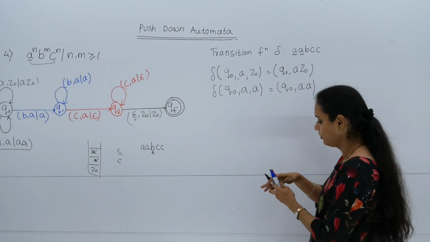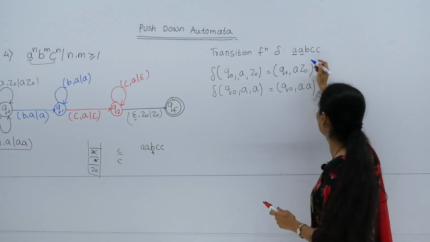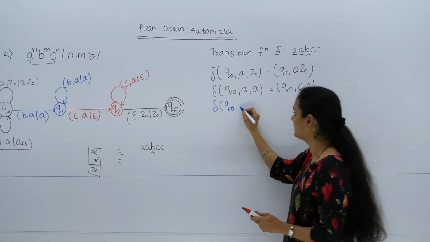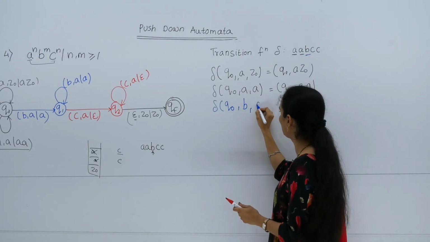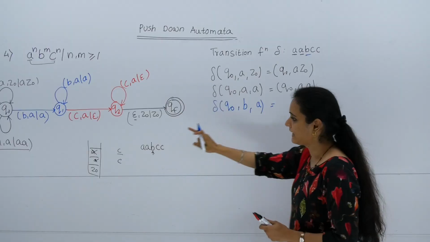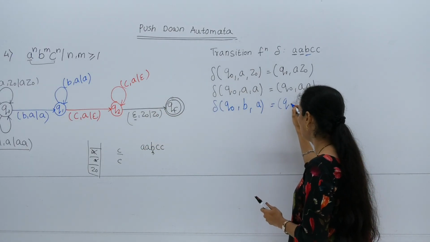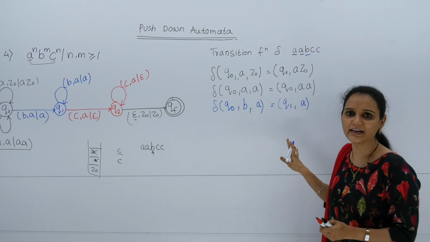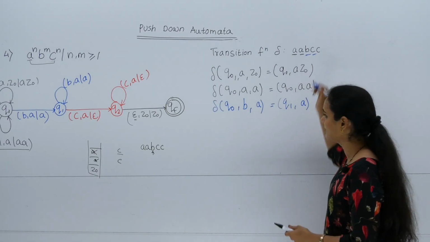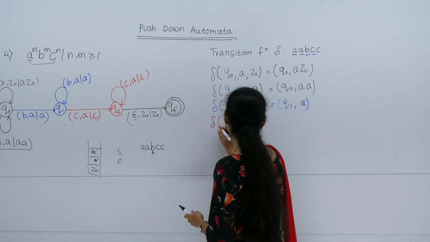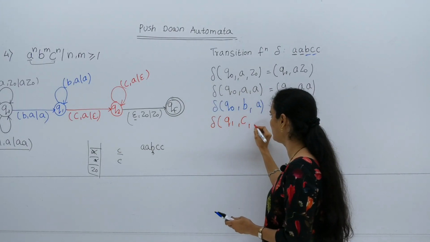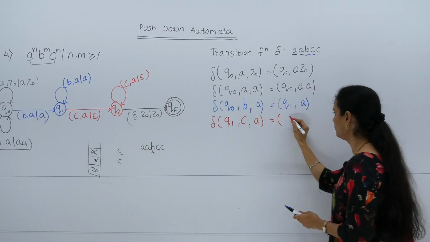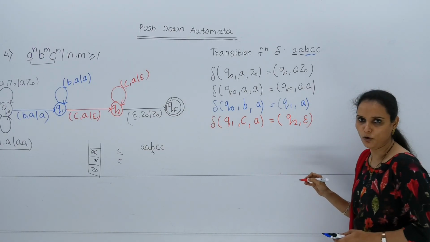Now we are at the first B. Still at the Q0 state, we obtain the first B, and at that time the top of the stack is A. When I read the first B, I move towards Q1, and we are not performing the pop, we are only reading and ignoring the B. Now the next is that we obtain the C. We are at the Q1 state, the symbol to be read is C, the top of the stack is A. After reading the first C, it goes to the Q2 state and we perform the pop operation.